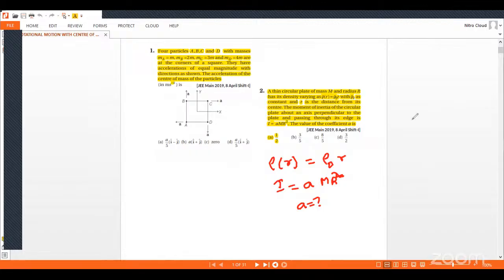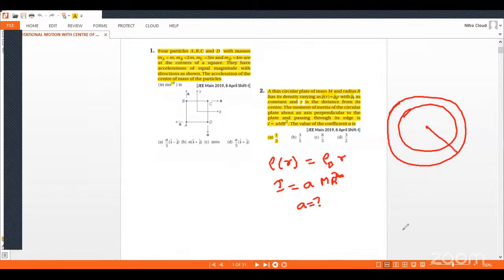Let us consider we are having a circular plate of radius R. We are having the density as rho of r equal to rho naught times small r. Moment of inertia I equal to a into MR square.